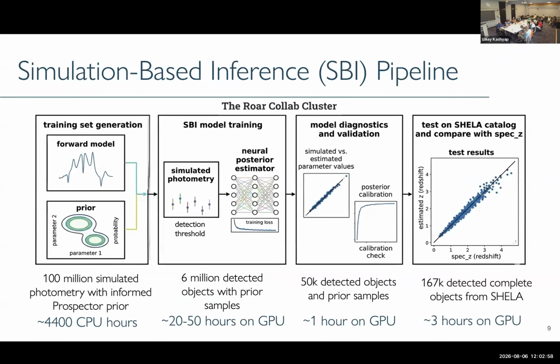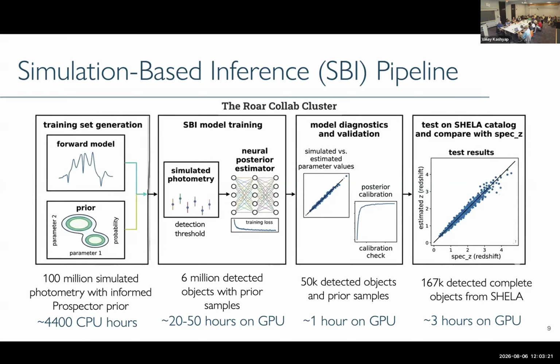Honestly, I would say the major time is spent generating the synthetic data through the simulator and also in the SBI training part. For the simulation process, we actually tried an emulator, but it doesn't quite work, so we're doing it with the more traditional Prospector. Interesting, why wouldn't it work?